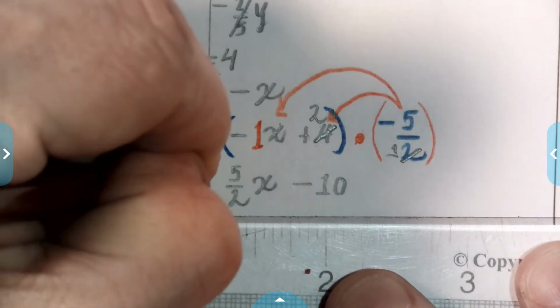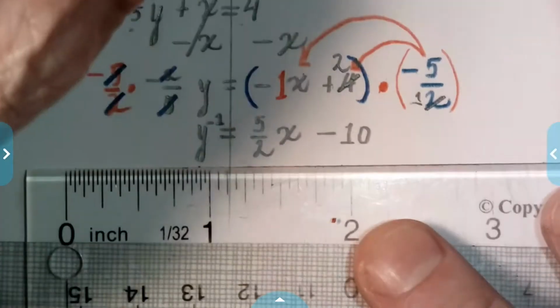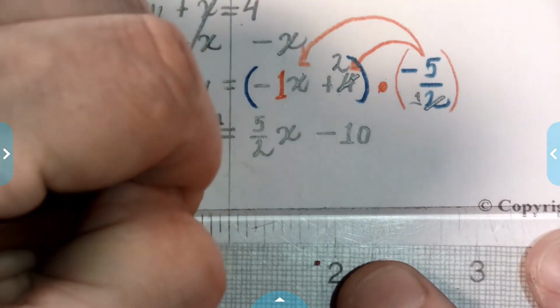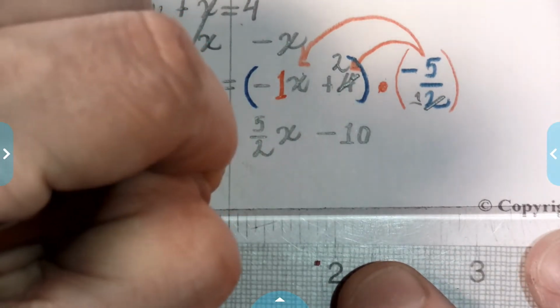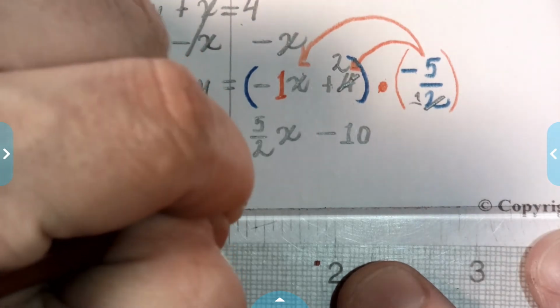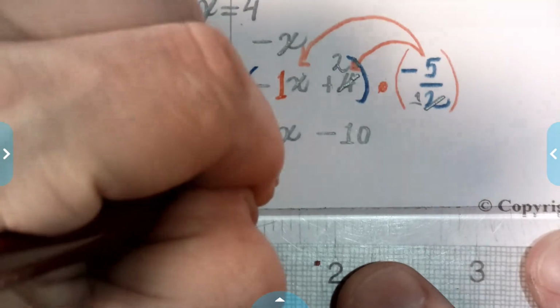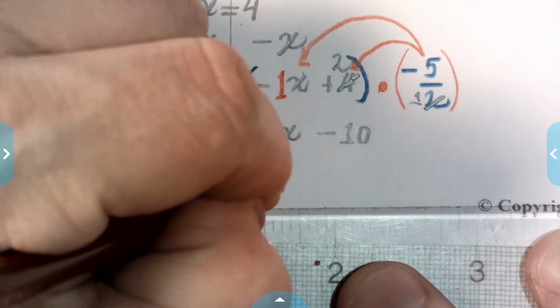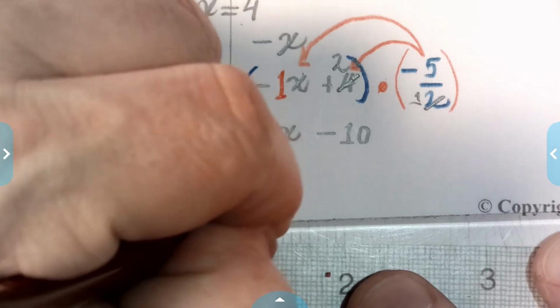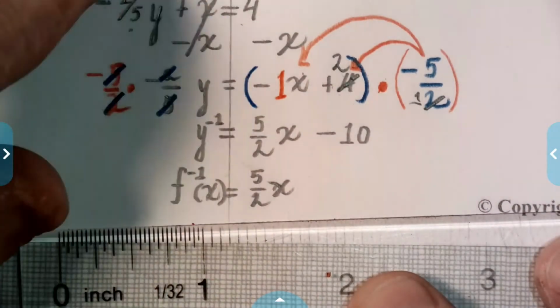So that is your inverse equation. Now let's make it an inverse function by bringing back the f inverse of x equals 5/2 x minus 10.